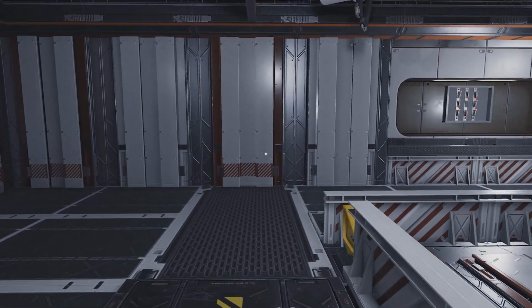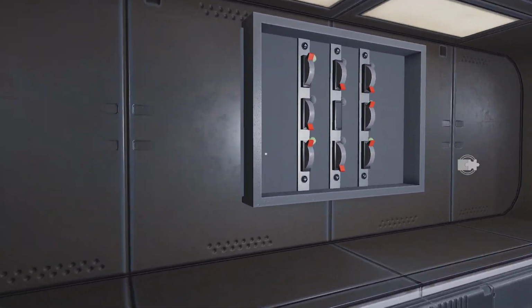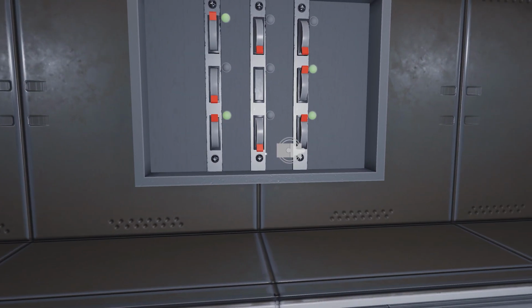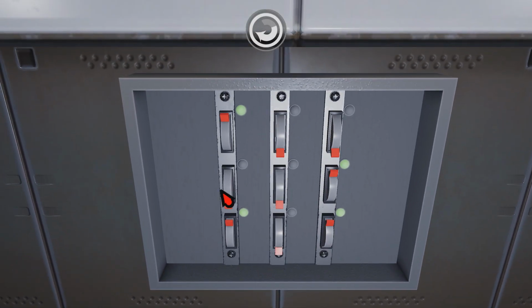Oh, I have a switch too. I mean, I'm just going to stick with my strategy of just keep doing the ones that aren't lit up, and eventually.